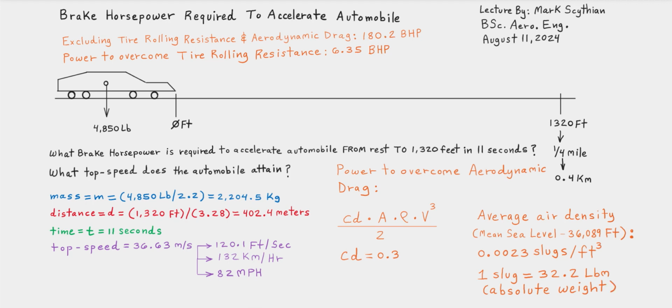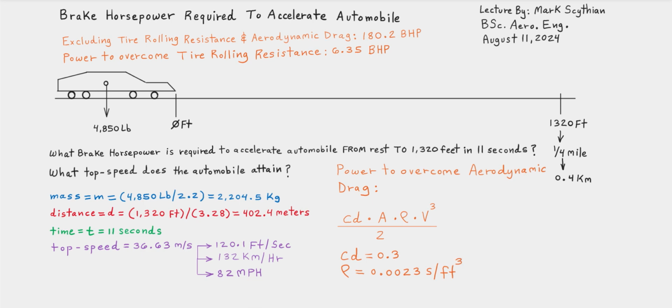So the slugs per cubic foot value for density and aerodynamics is a very ideal unit set to use for the wide range of degrees of freedom. So our rho value is 0.0023 slugs per cubic foot air density on average.